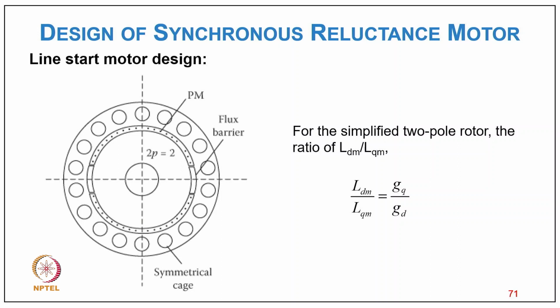For the simplification of a two pole rotor, the ratio of LdM to LqM equals gq upon gd with approximation.